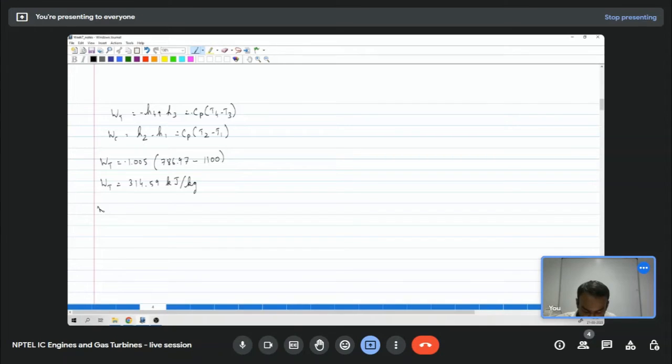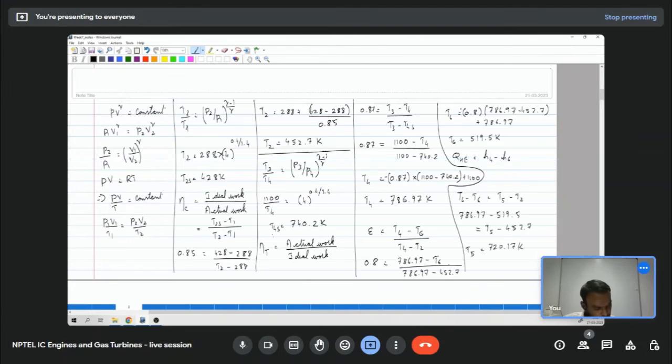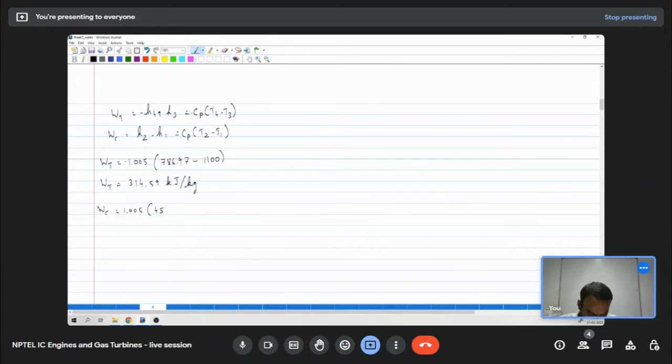This is turbine work. Similarly, compression work is Cp, 1.005, into T2, which is 452.7, minus T1, which is 288. This is 165.5 kilojoule per kg.